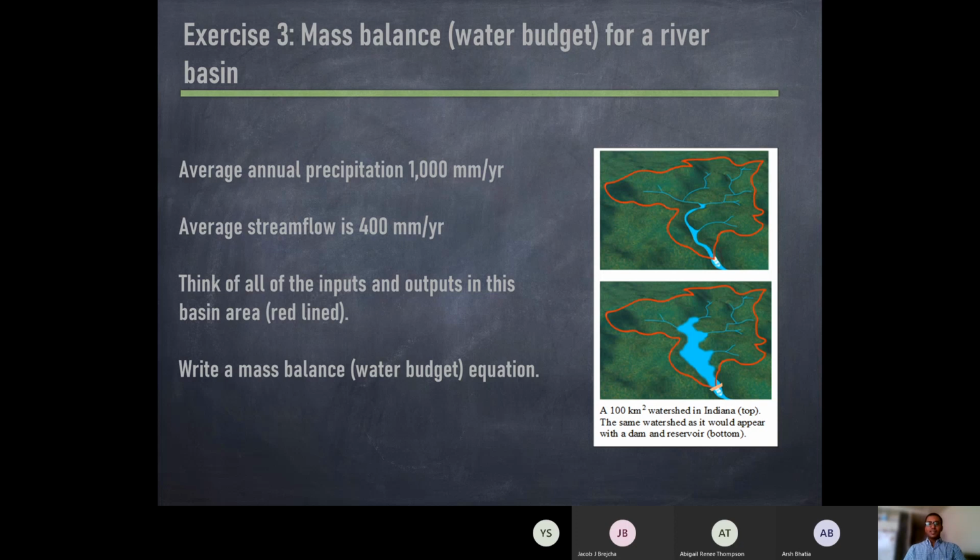And I am giving you another situation. Say that people have constructed a dam or a reservoir right here. So due to the construction of this dam, what would happen to this area? Some of the variables, some of the inflow or outflow parameters, what would happen to them?